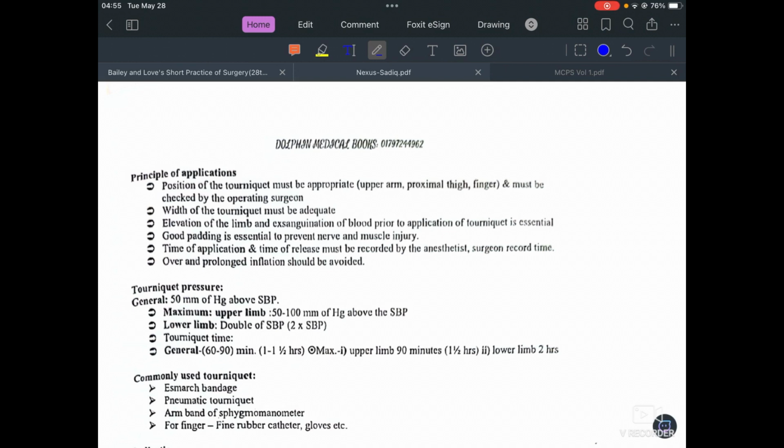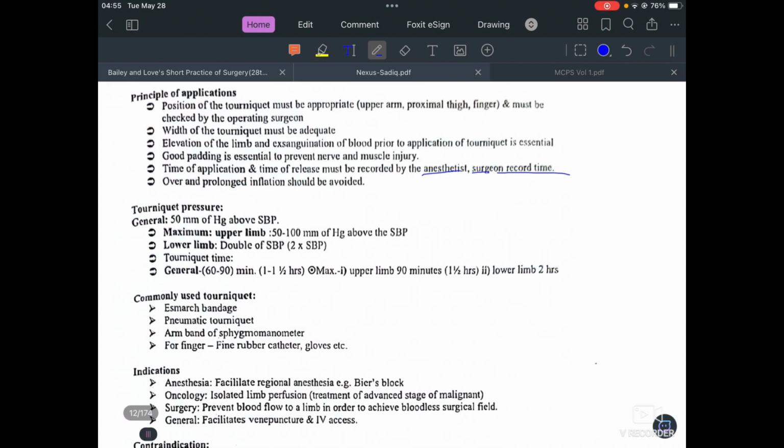Time of application and time of release must be recorded by the anesthetist and surgeon. Over and prolonged inflation should be avoided. Tourniquet pressure: general tourniquet pressure is 50 mm mercury above systolic blood pressure, so if the systolic blood pressure is 120, then we can give 170 pressure.